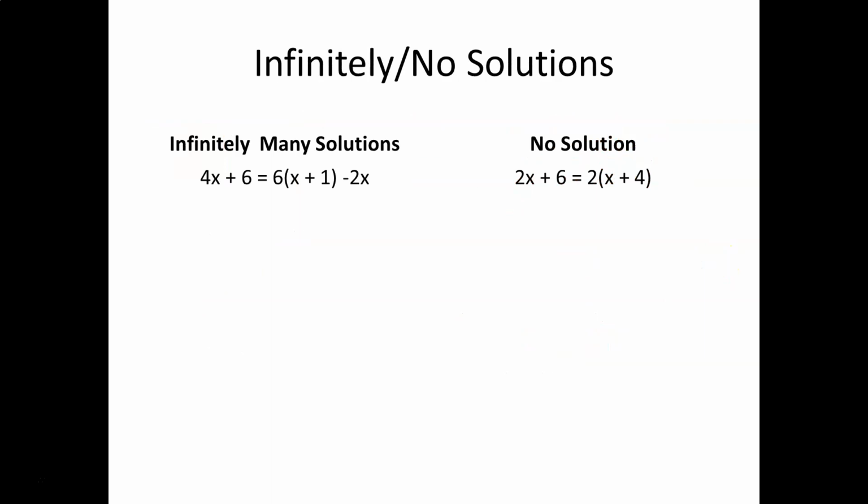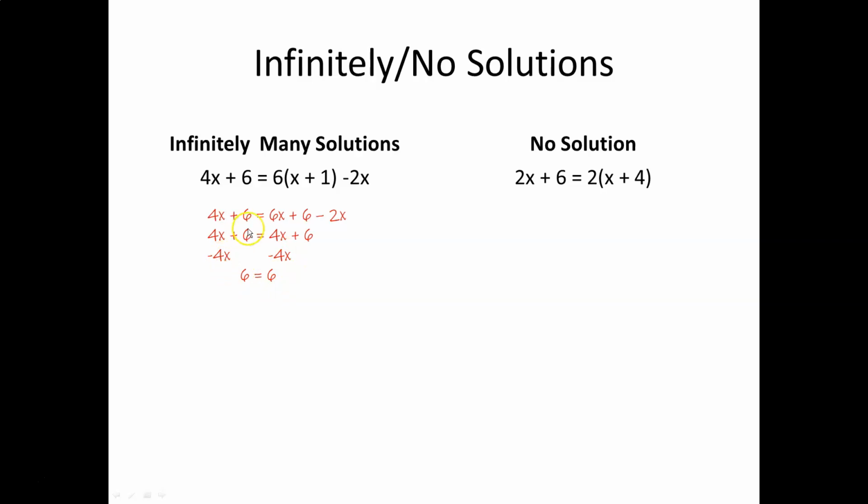Okay. Infinitely many solutions and no solutions. How do we know? Well, we go through our steps to solve the problem, and we end up with 6 equals 6. The variables have dropped out, and all we're left with is numbers.